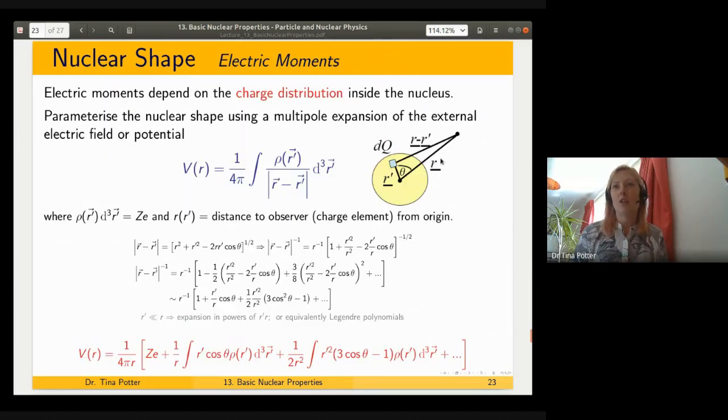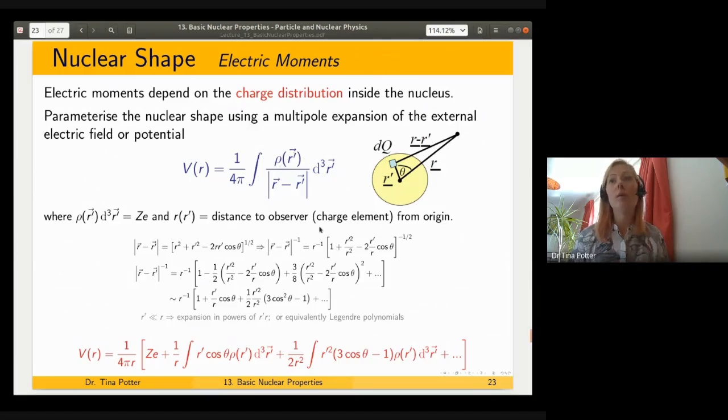So let's have a look at the electric moments. This is interesting for how the charge, i.e. the protons, are distributed inside the nucleus. Similar to how we did for the electron scattering, we have nuclei that are not point-like particles, and we're going to have some distribution. So we're going to take our Coulomb potential and have some charge distribution that will normalize to the total charge of the nucleus.